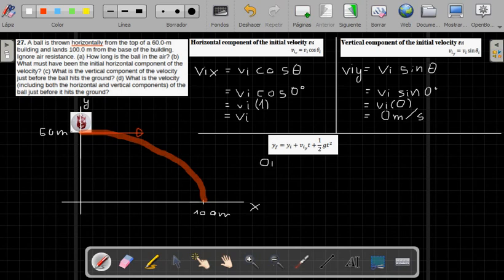0 meters is equal to the initial height, which is 60 meters, plus the initial vertical velocity, which is 0 meters per second, times the time, plus half of the gravity, which is minus 9.8 meters per squared second, times the time squared.